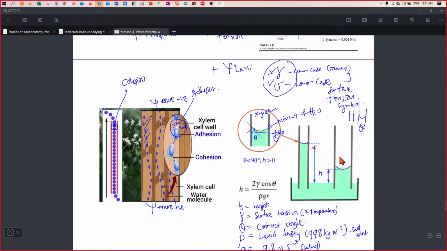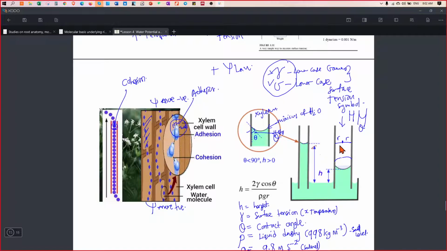This xylem that you have here is actually in the form of a cylinder, correct? If you look from the top, it will have a diameter. When you divide that by 2, you will get your radius.